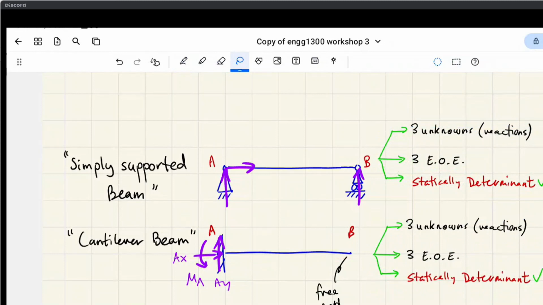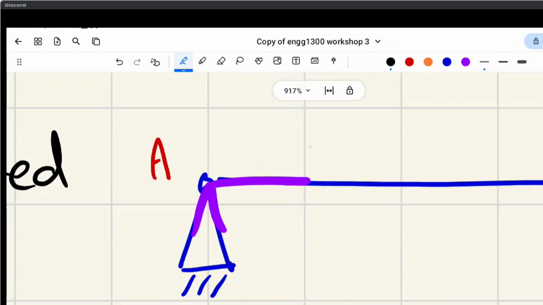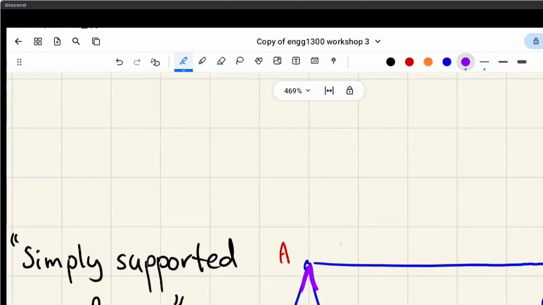But yeah, it's just another common structure because it's, I guess, as simple as it can get without becoming unstable, right? So the idea of instability, as before, is like if we change this pinned end to a roller, right?